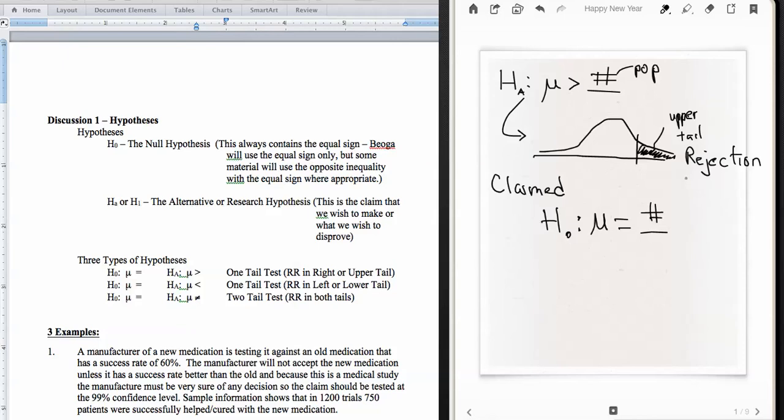So this is called a rejection or a critical region. And that is how a hypothesis test is conducted.